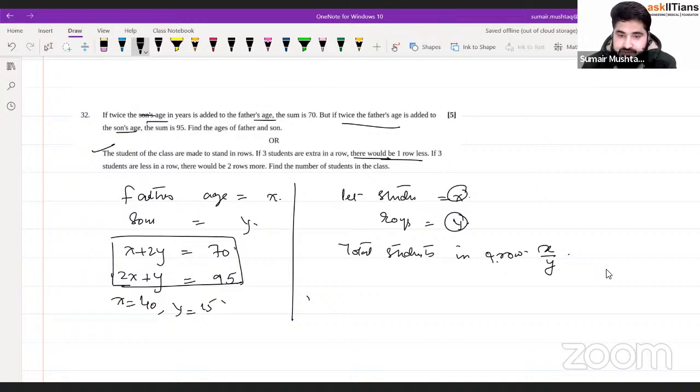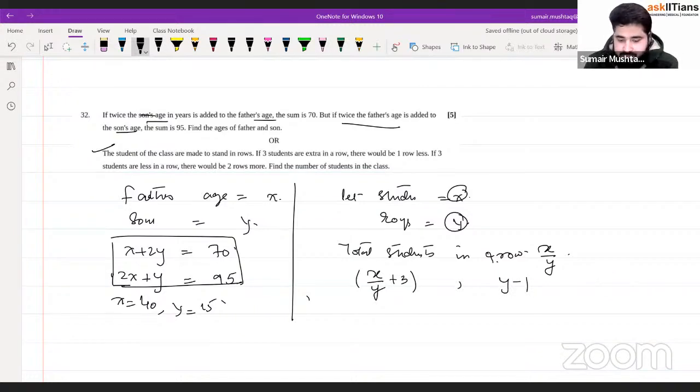First condition. It is saying that if three students are extra in a row, then the rows will be less by 1. That means by the first condition, total students in a row plus 3 students extra is equal to the number of rows minus 1.